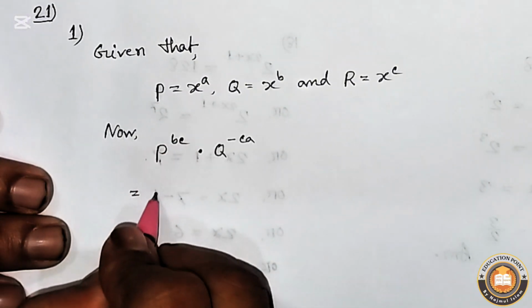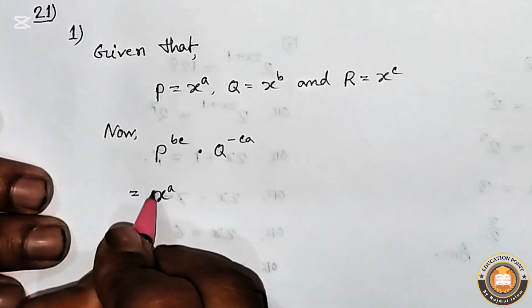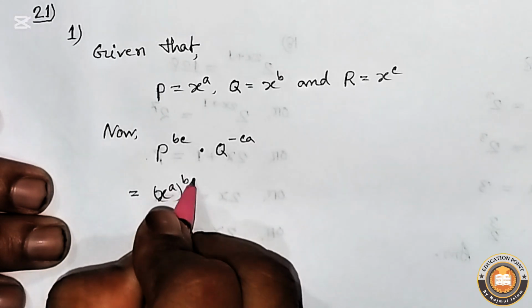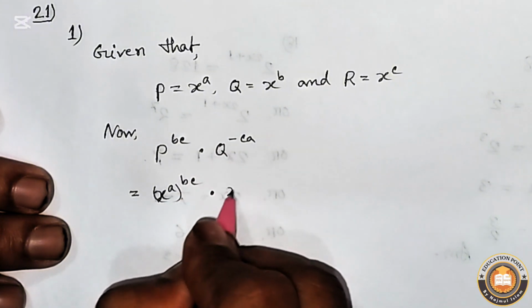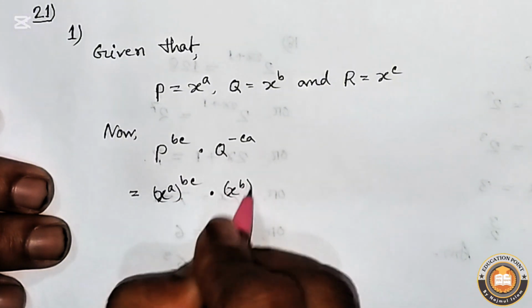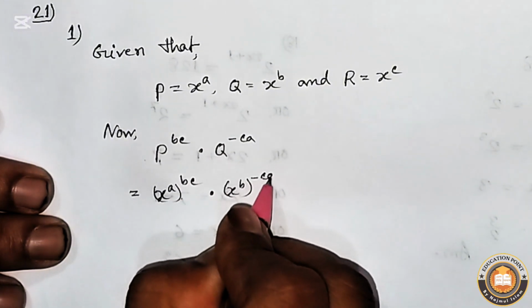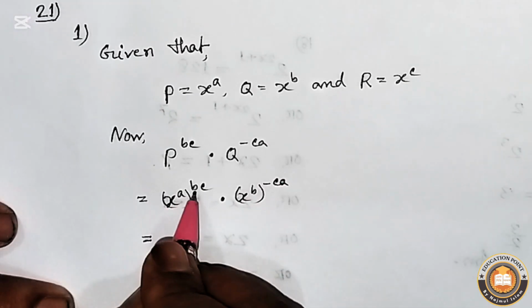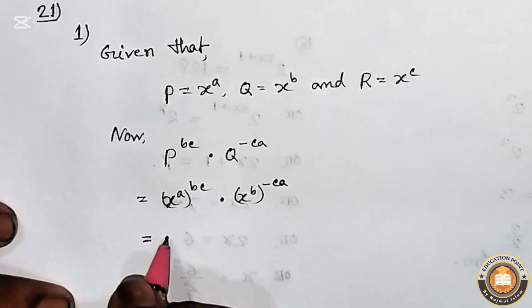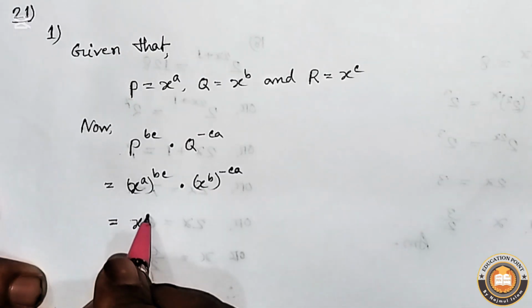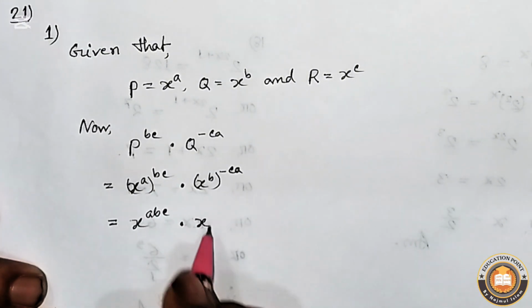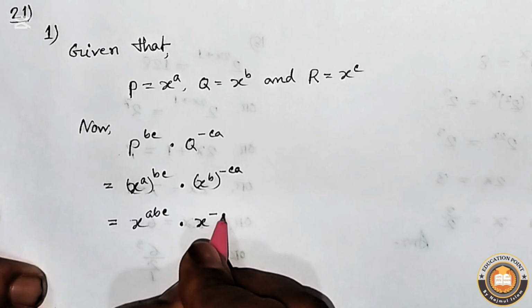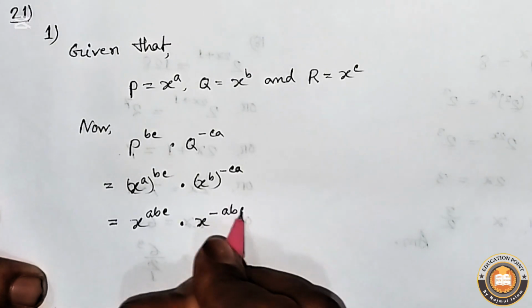The value of p is x power a, then whole power bc, into the value of q is x power b, then whole power minus ca. Here power will be multiplied with power. Now we can write x power abc into x power minus abc.